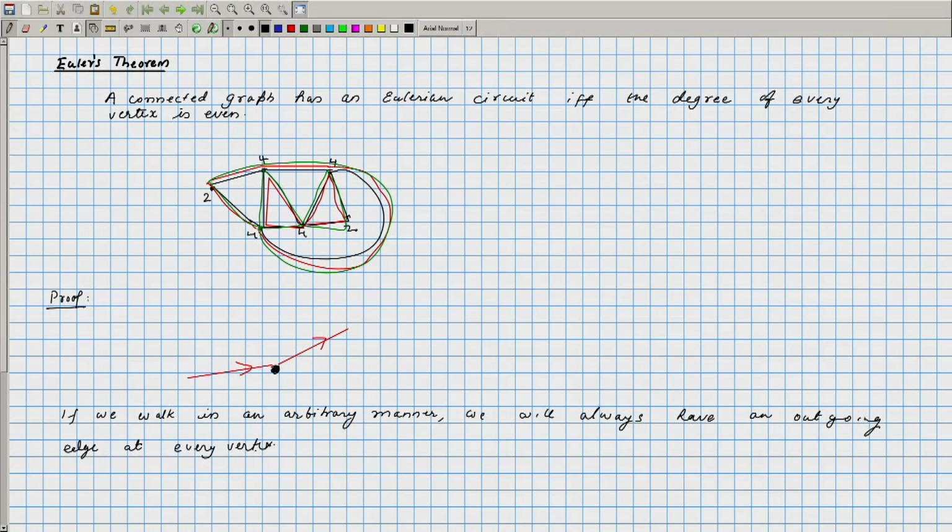Okay. Of course, there is a particular case that we have to be careful about. Suppose we come back to a vertex and all the edges have been exhausted at that point.